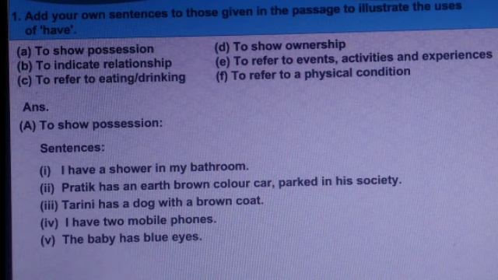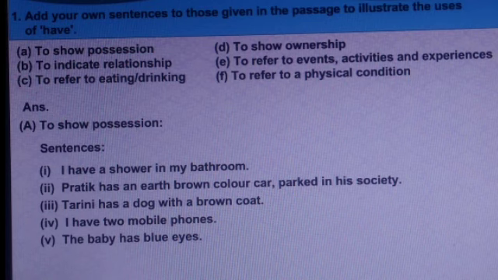We also have seen how have is used to refer to eating or drinking activity, and to show some physical condition or medical condition. Let us see a few examples separately.